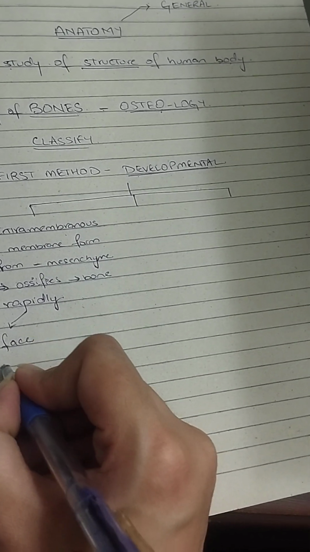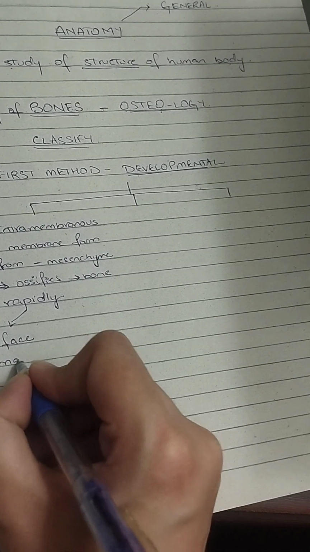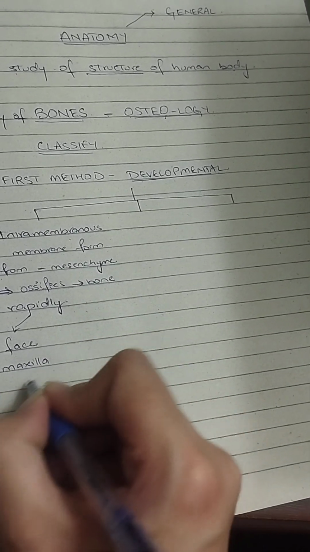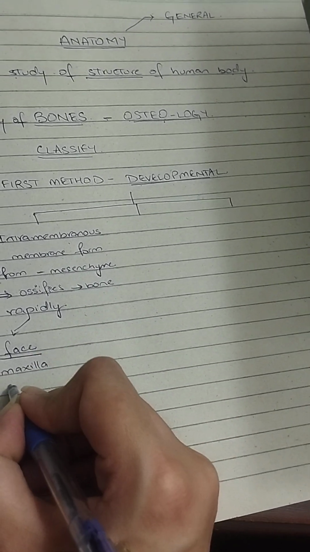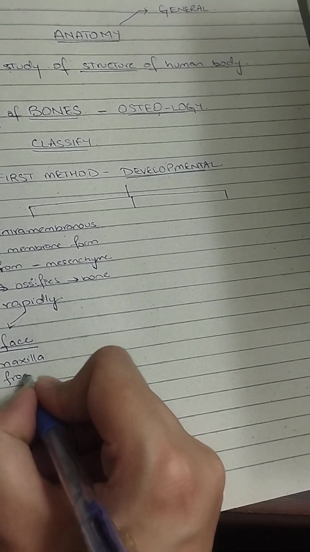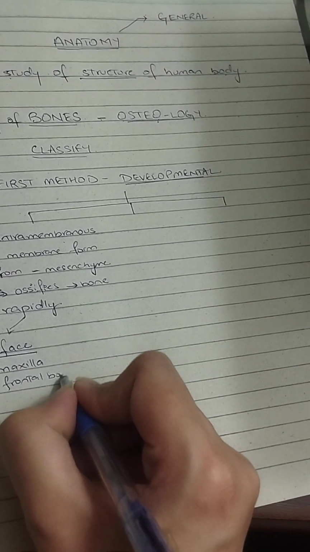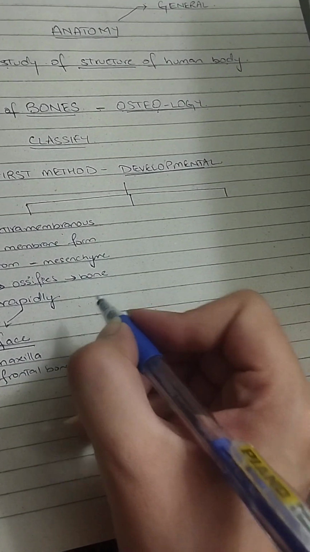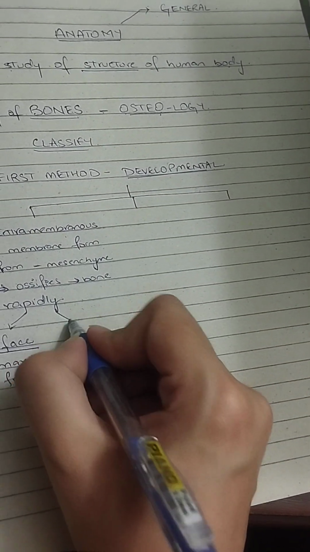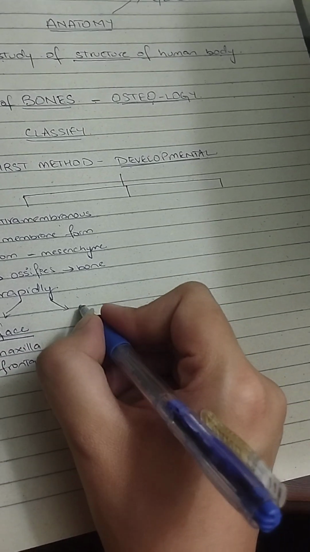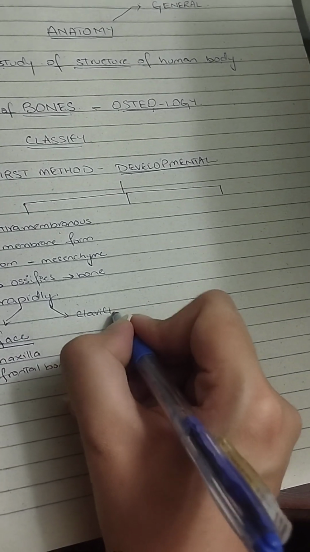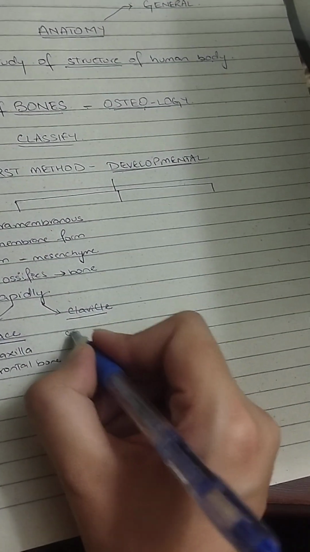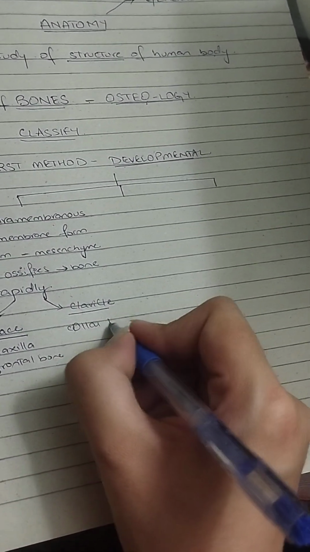For example, we have the maxilla, the frontal bone, the parietal bone, etc. And then there are bones such as the clavicle, which is a very typical example of intramembranous classification. This bone we also call the collar bone.